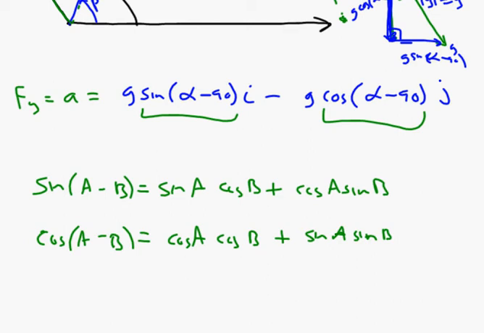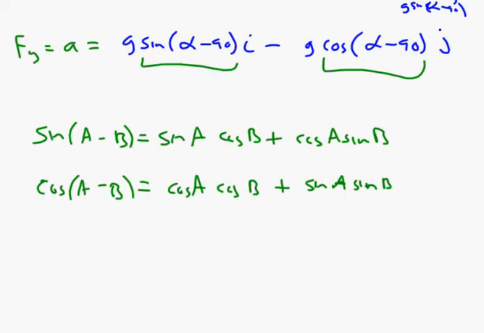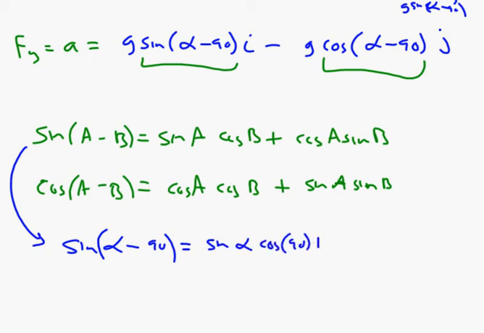So for example, the sine of alpha minus 90, if we follow that first rule, is going to give us the sine of alpha cosine of 90, plus the cosine of alpha sine of 90.